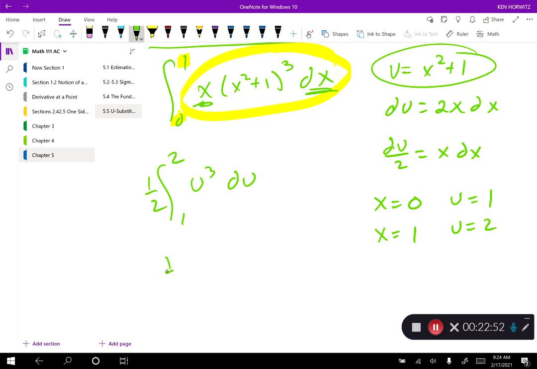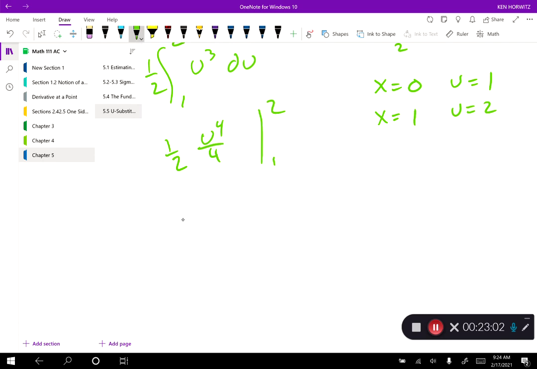Because now I have 1/2 u to the 4th over 4 between 1 and 2, right, as my integration. Then I have 1/8 u to the 4th between 1 and 2. Now I need to start figuring out plugging in my upper limit.